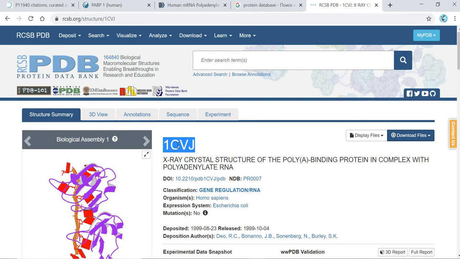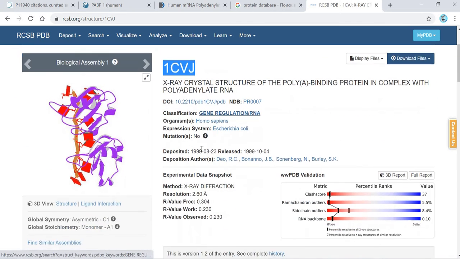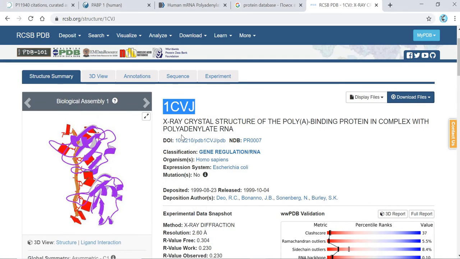So let's go to the one we have chosen before. The code is 1CVG. Many structural molecular visualizers like PyMol are going to access this information with this code. So it's very useful. So this is a name.